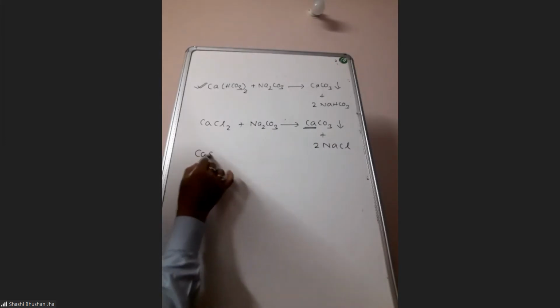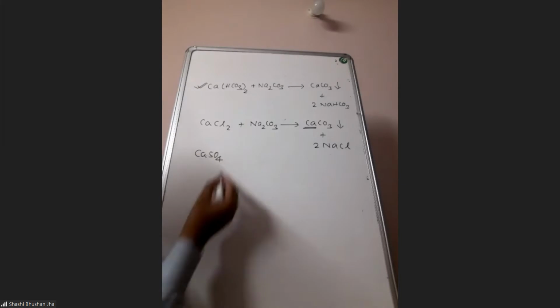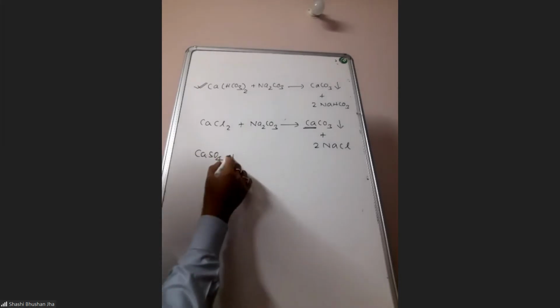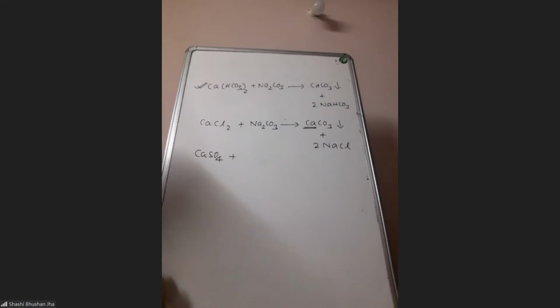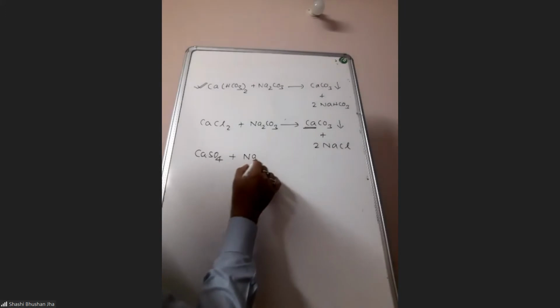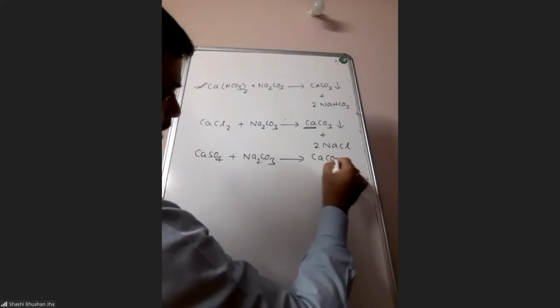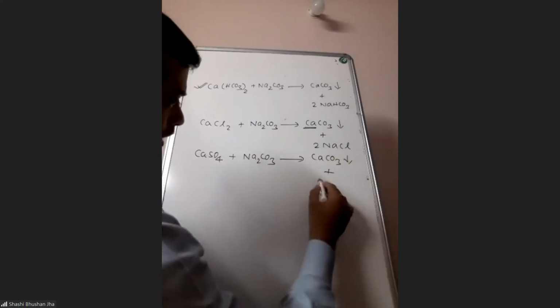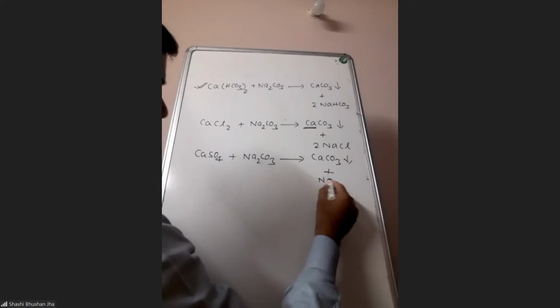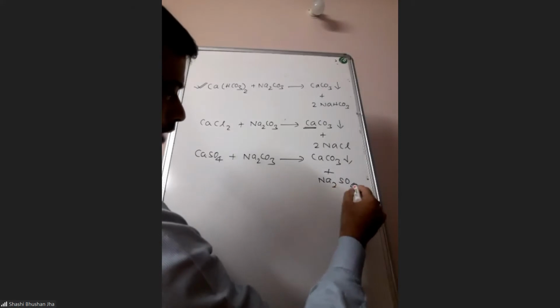Suppose you have calcium sulfate. Sulfate also causes permanent hardness, sulfate of calcium or magnesium. If you add sodium carbonate, you will get calcium carbonate precipitate, and another thing which will form will be sodium sulfate, which is water soluble.